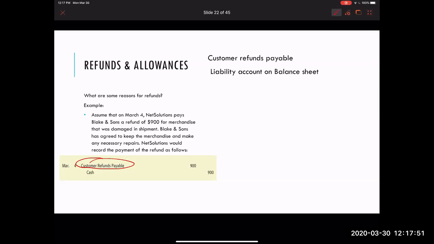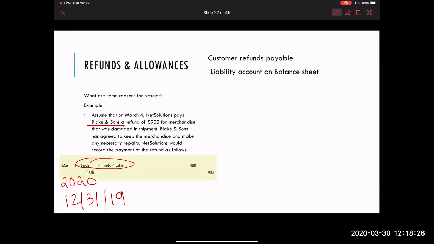So maybe if we're looking at it in terms of March 4, 2020, right, what we're saying is on 12/31/2019, we did an adjusting entry because we knew that any customer, maybe not this particular customer, maybe Blake & Sons, but we know that the nature of being in business is customers will ask for a refund, right? That's part of business, just like any other thing.